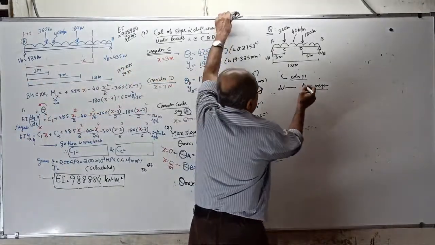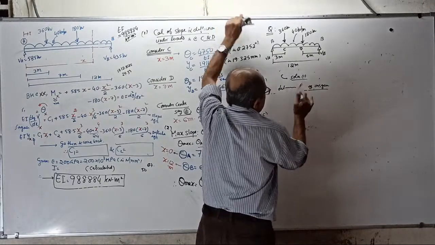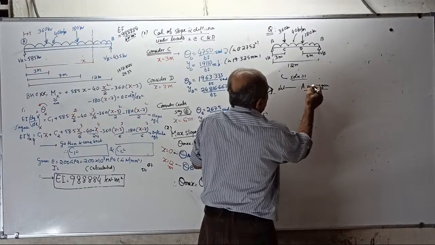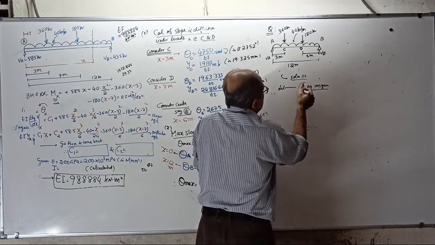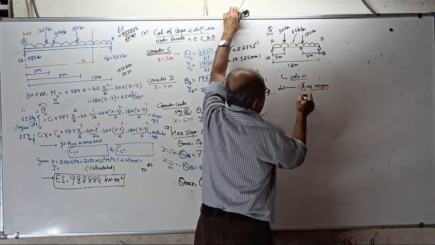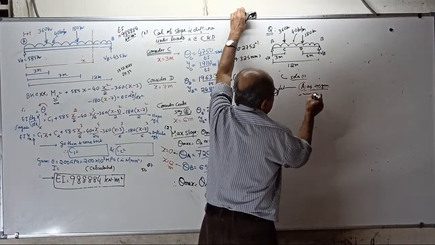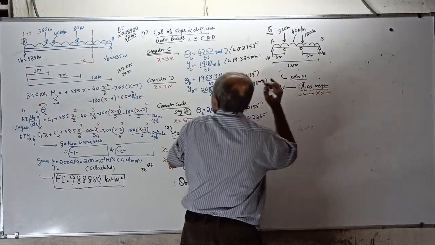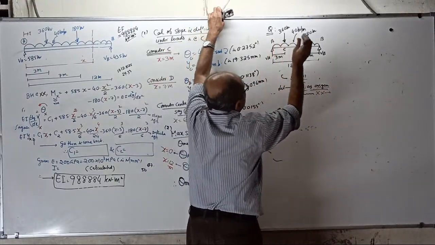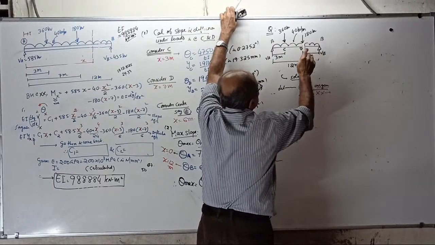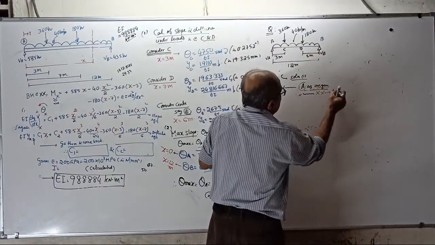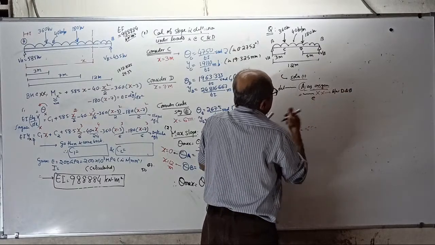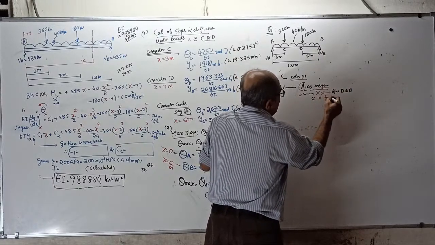Let us consider A as origin, and consider section XX between the last two points, between D and B, at X from origin A.